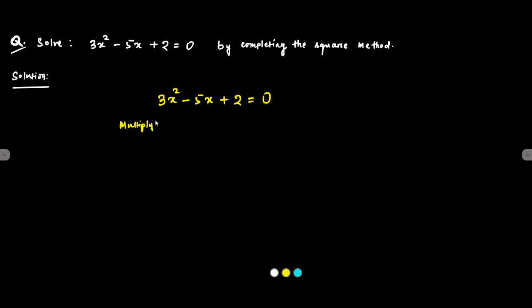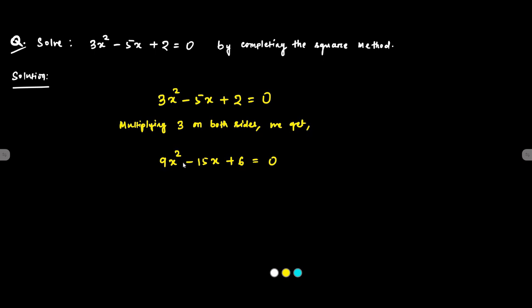Multiplying 3 on both sides, we get 9x square minus 15x plus 6 is equal to 0. So why I have multiplied 3, you will see.